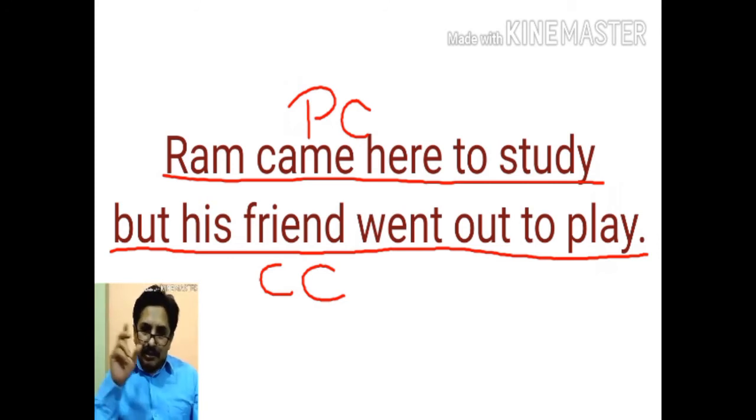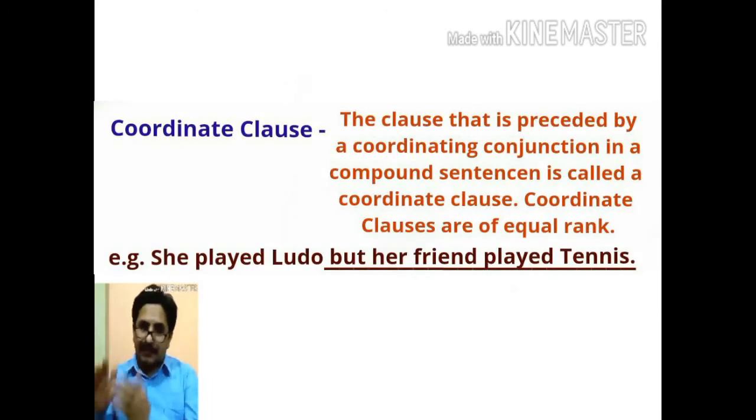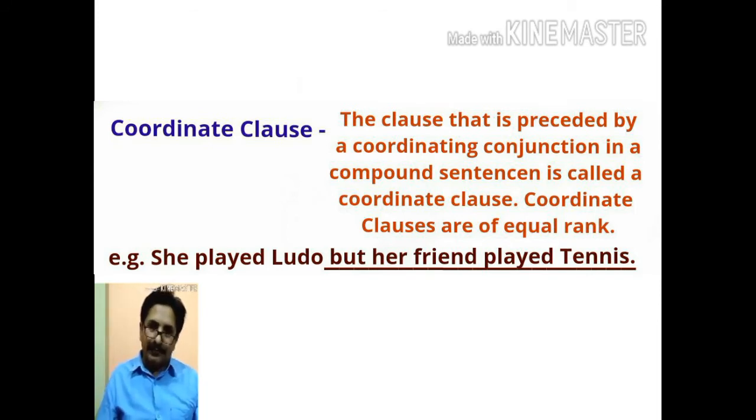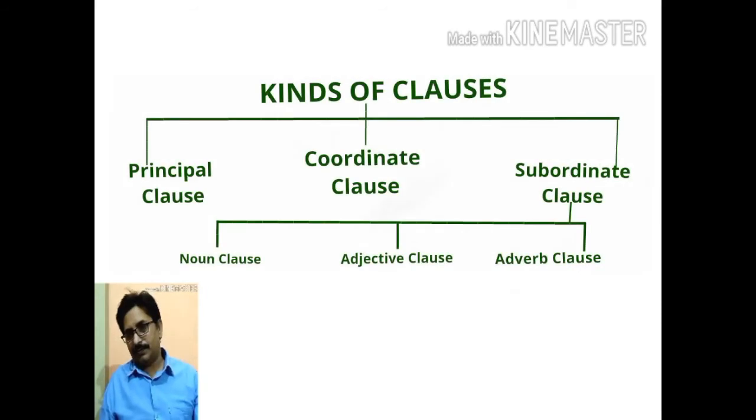But since the second principal clause starts with a coordinating conjunction, that clause is called a coordinate clause. Now we have to come to the kinds of subordinate clauses.